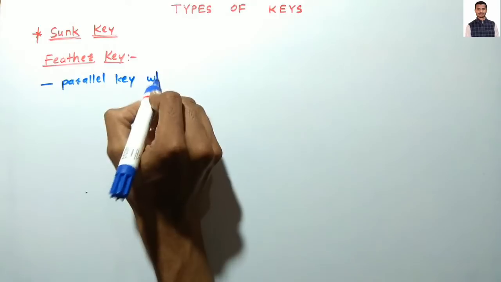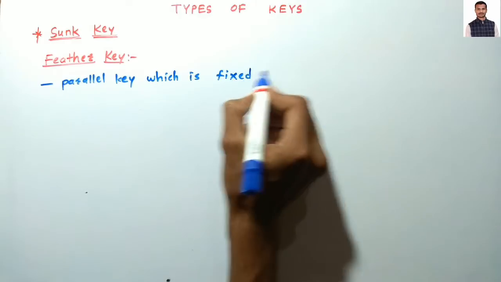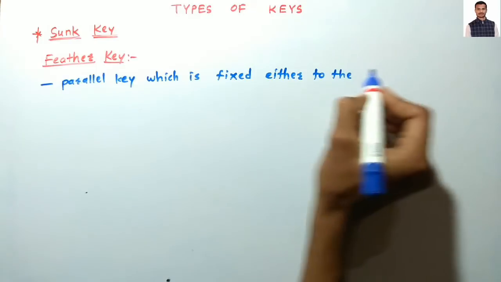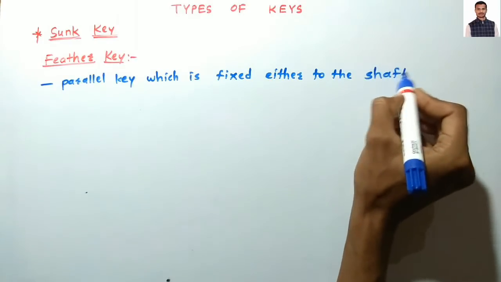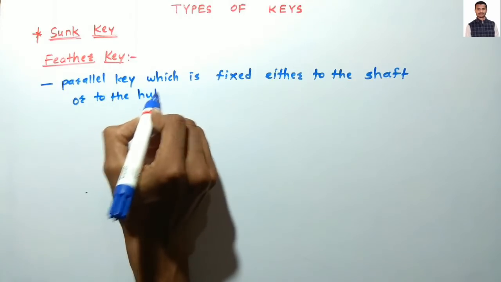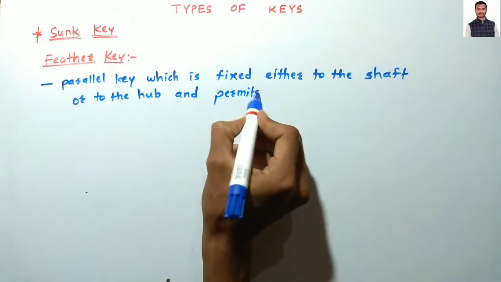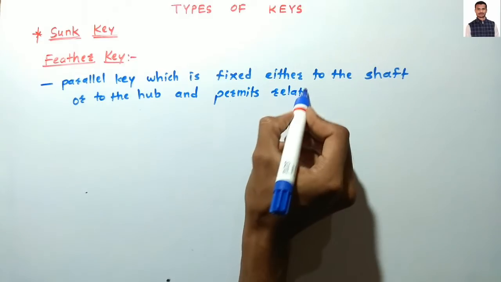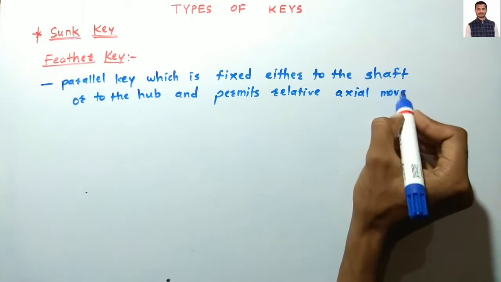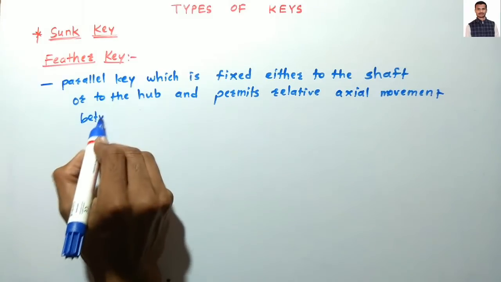It is a parallel key which is fixed either to the shaft or to the hub and permits relative axial movement between them.